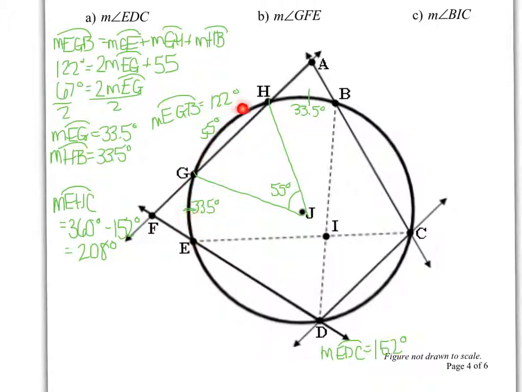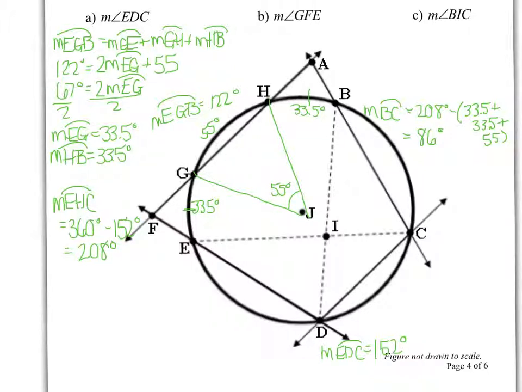So if this is 208 degrees, measure of arc BC is going to be 208 degrees minus these 3 parts. So minus 33.5 plus 33.5 plus 55. So measure of arc BC is going to give us 86 degrees.